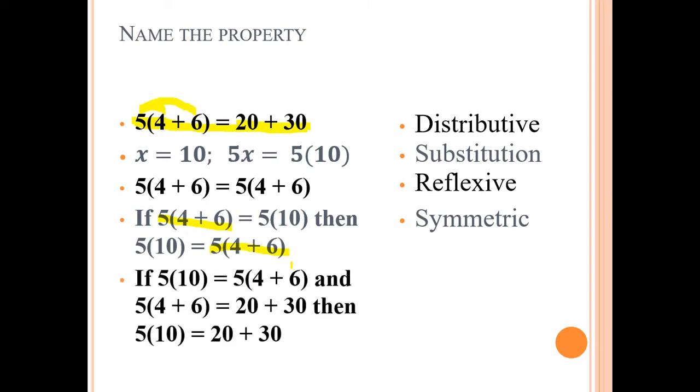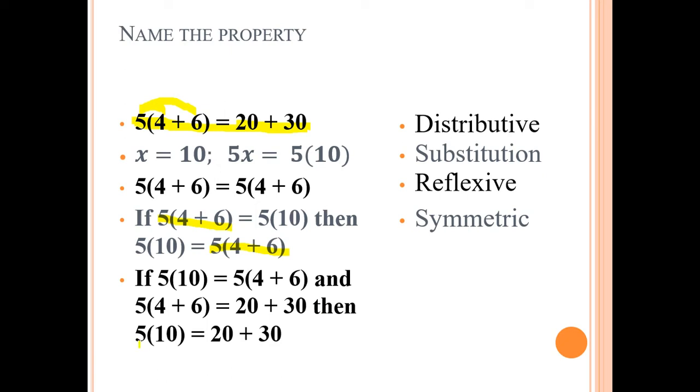Lastly, we have a series of 3 different equations. And if we look back in our notes, there's only one that shows 3 different equations together, and that's the transitive property. But if you're having issues, we can look back and say, okay, 5 times 10 equals 5 times 6 plus 4, and 5 times 6 plus 4 equals 20 plus 30.